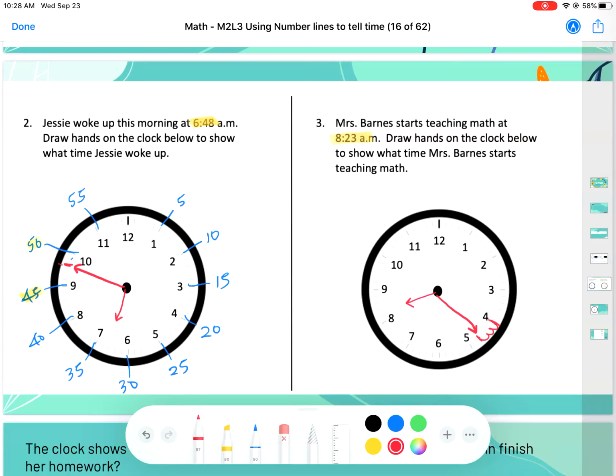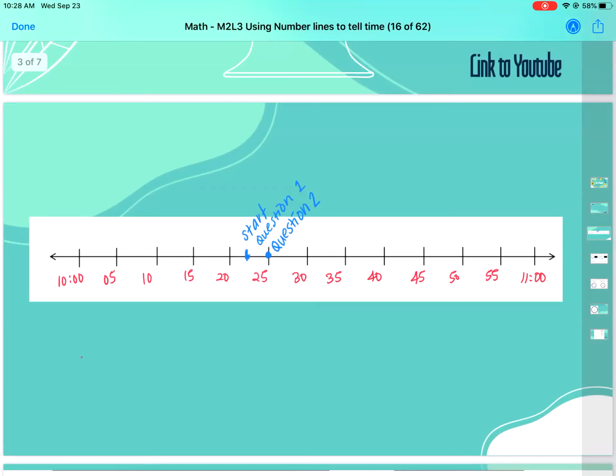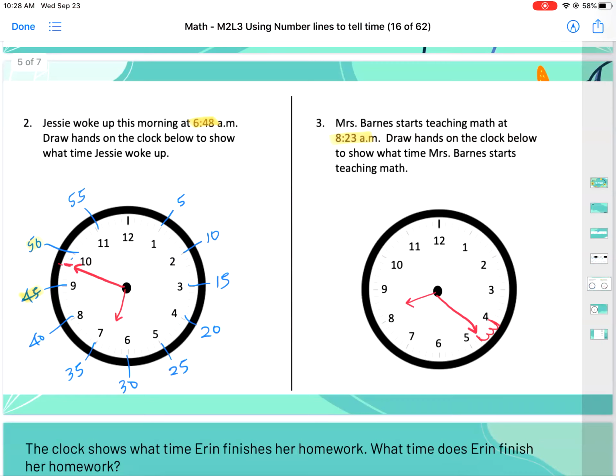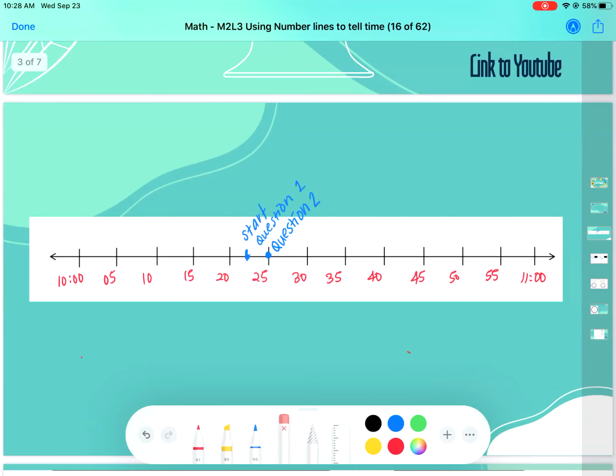And now we're done with my second slide. I'm going to move on to my third slide. But before I move on to my third slide, I need to go to my number line to indicate my time. So here, to keep the consistency with your Seesaw activity, I'm going to rename this.